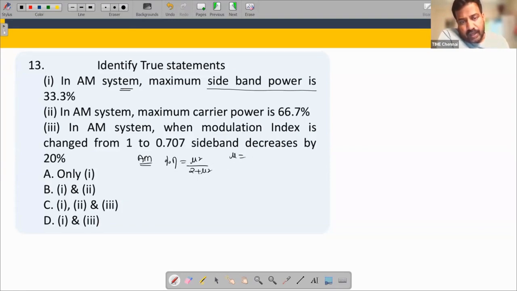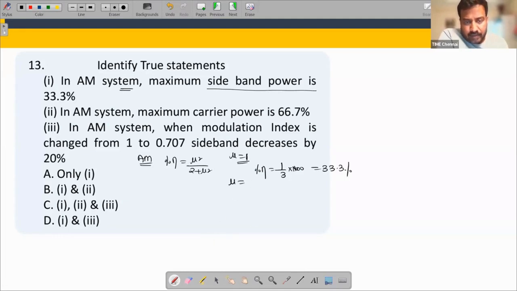When mu is equal to 1, you get the maximum value. Percentage eta is 1 by 3 into 100. Maximum is 33.3%.